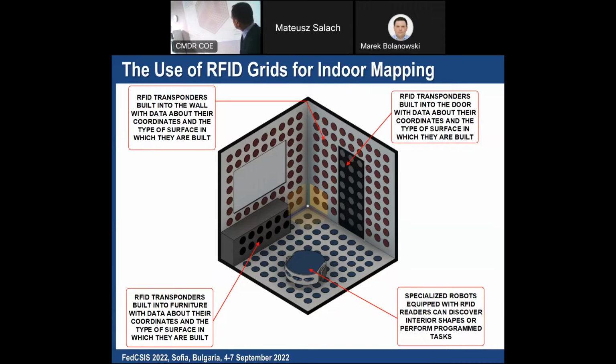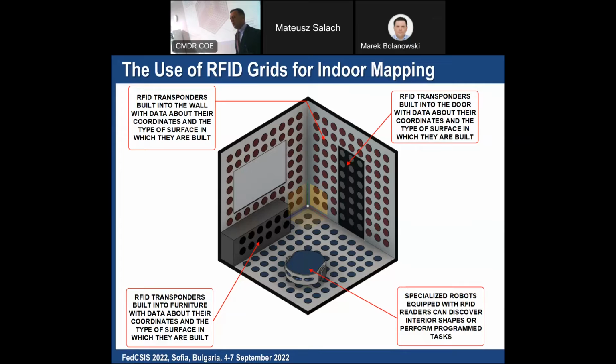If we consider such setup, we may find different applications. The first one is, of course, navigation. If we have some location or navigation data pre-programmed stored in the transponders, the robot may use this data to navigate, to reach its destination.